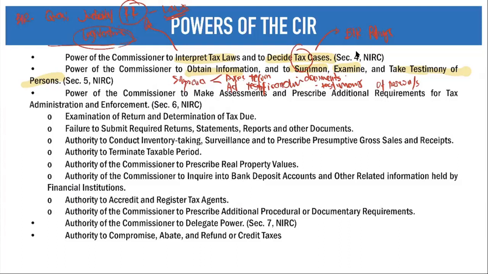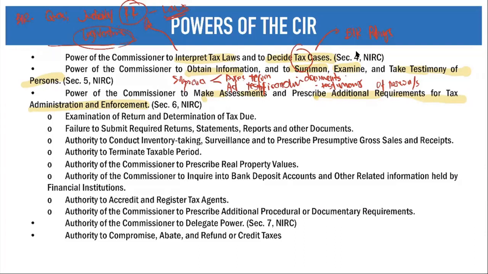Another power of the CIR is the power of the commissioner to make assessments and prescribe additional requirements for tax administration and enforcement. You already know how the commissioner makes assessments. When we say the commissioner can make assessments, the BIR will now assess the taxpayer instead of the taxpayer assessing himself.